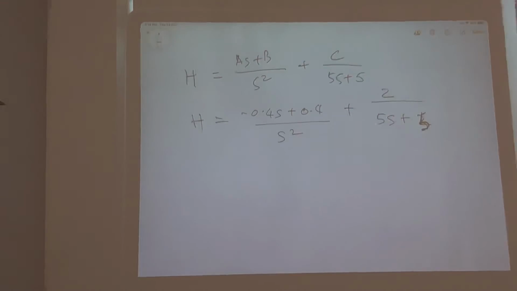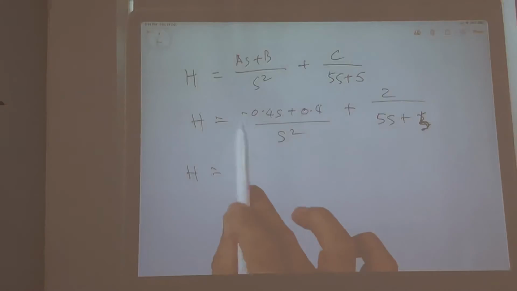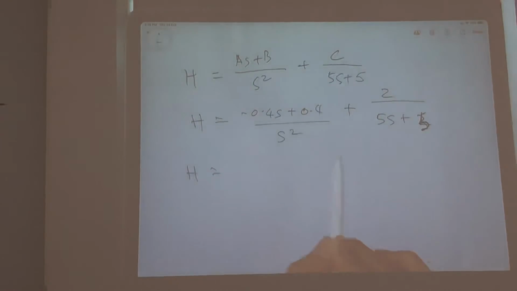I don't admit sometimes. Anyway, so once we have this format, I presume you all know how to find the ABC. Okay, I don't want to mess up myself here. So once I have minus 0.4s plus 0.4 and this is 1, right? I need to find from the table.